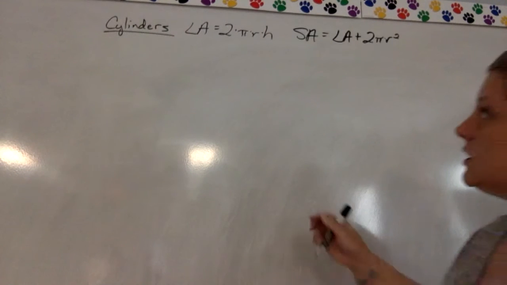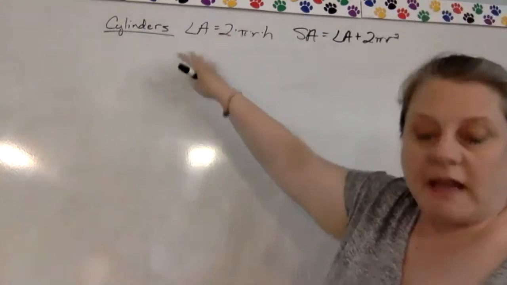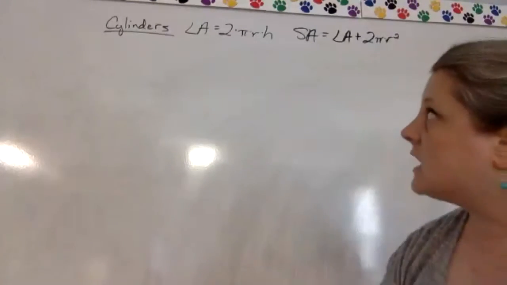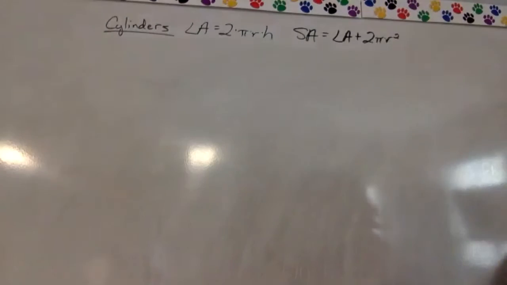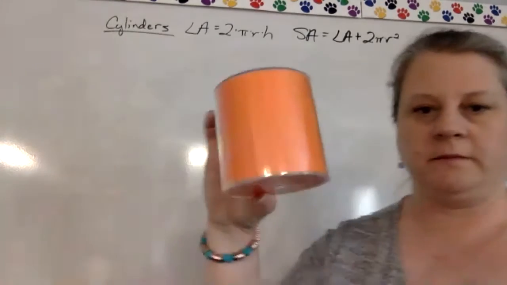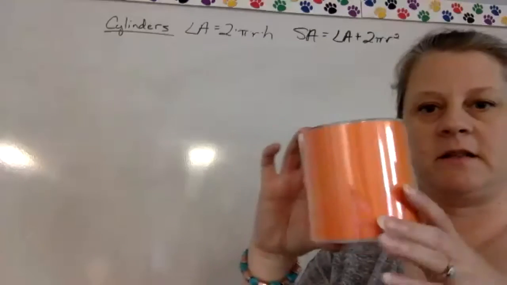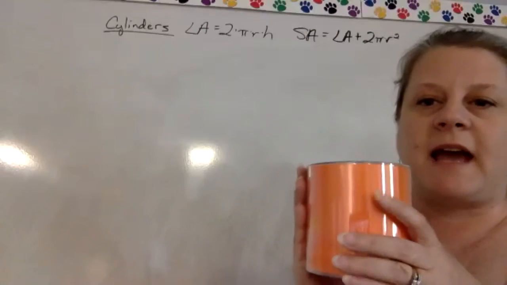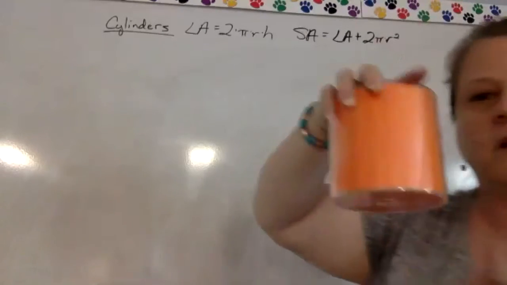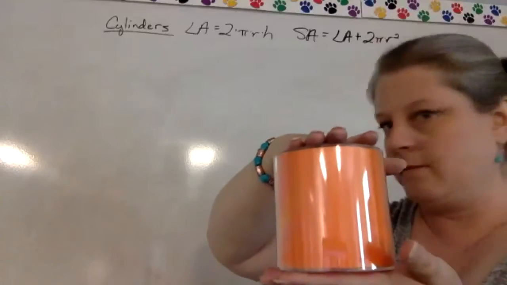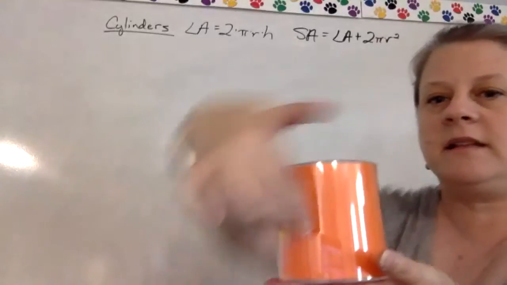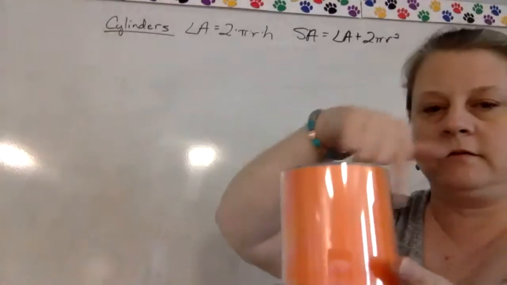For the cylinders, their lateral area is 2 times pi times r times h. So let's think about this. Here's my cylinder, right? Everybody see my cylinder? If I'm talking about the lateral area, am I talking about the circle on the top and bottom? No, I'm talking about the side going around, correct?